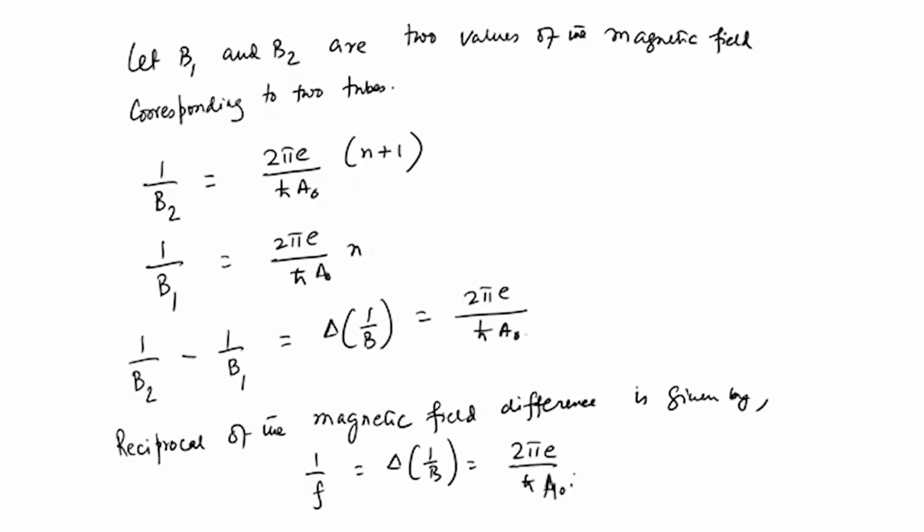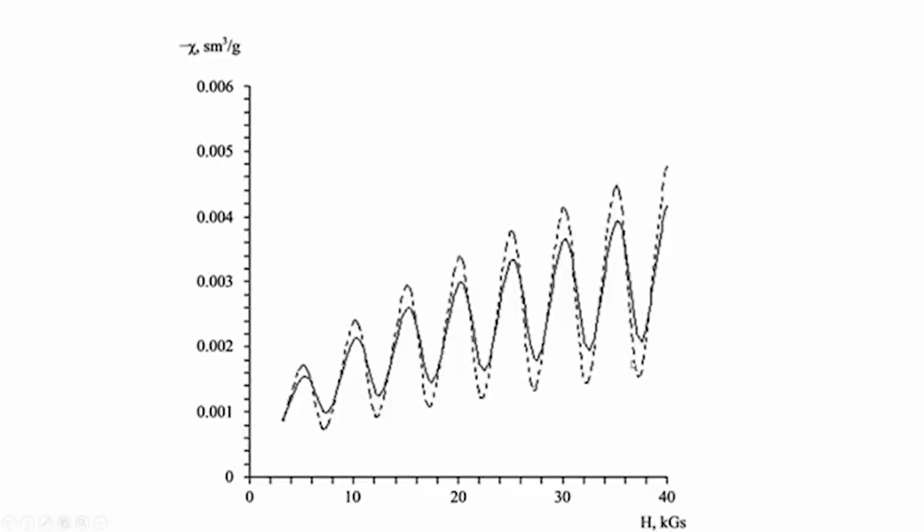Okay. So, this frequency is basically noted in experiments, which is what you see here. So, this chi is plotted against H, or actually B. It can be 1 over B as well, then it looks a little different. In any case, here the original experiment is shown, and you see that there are these oscillations of chi, which is the magnetic susceptibility.